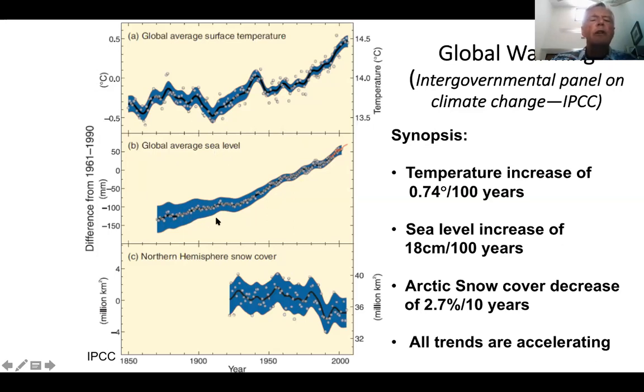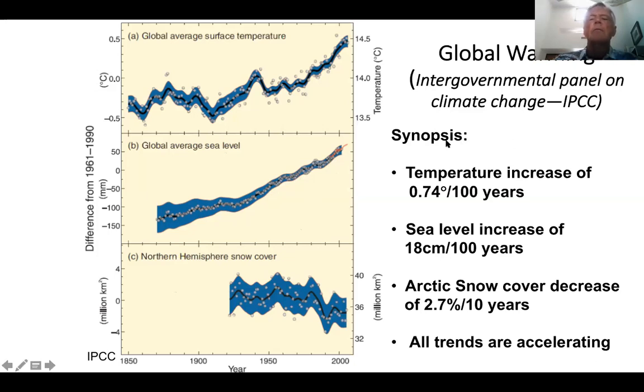As you can see, the average sea level has gone up, up, up, up over the same period of time. And the bottom panel is similar data that don't go as far back in time because they don't have the information. They go back to the early part of the 20th century. This simply shows the Northern Hemisphere snow cover through time.